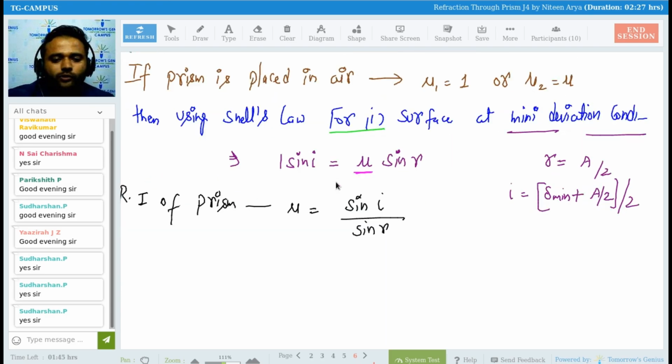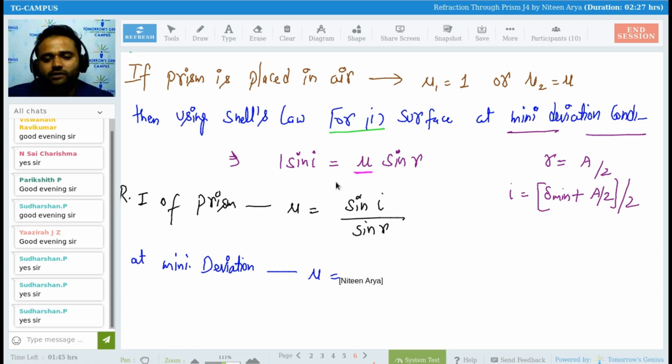We know the value of R also. Putting both the values, which is mu again at minimum deviation, which is mu equals sin I.